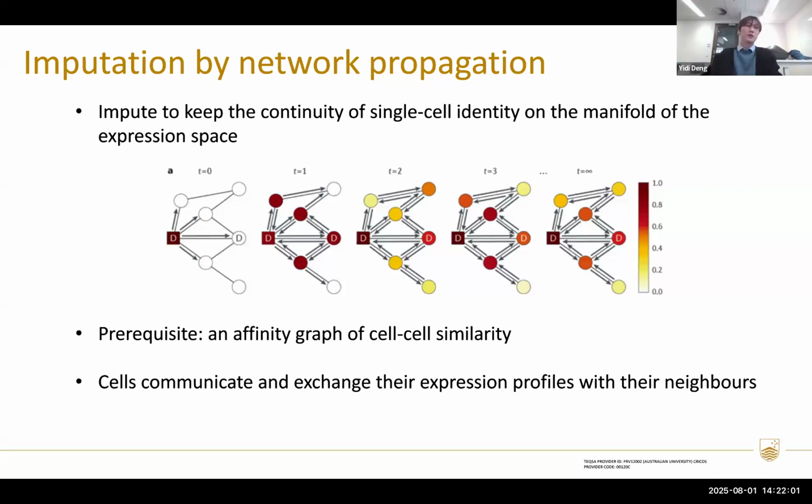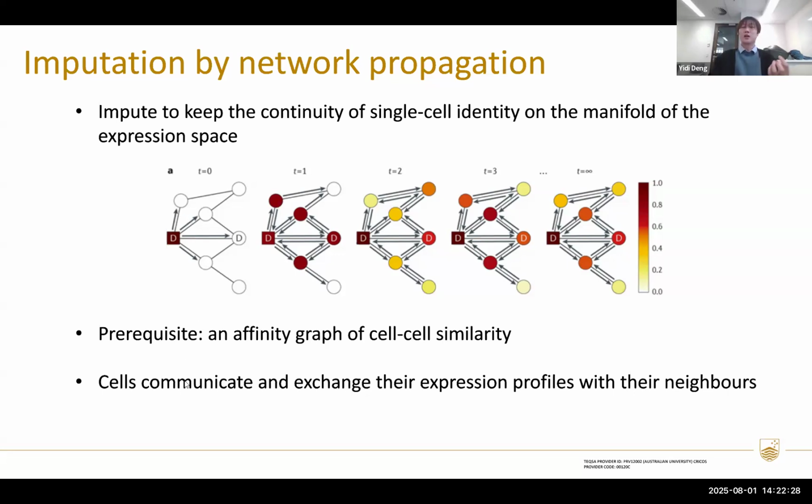Okay. So the imputation approach that I want to take is called network propagation. The core of this algorithm is that we need to build an affinity graph of cells. It's a cell-to-cell affinity graph that measures the similarity between cell expression, and each node represents a cell.